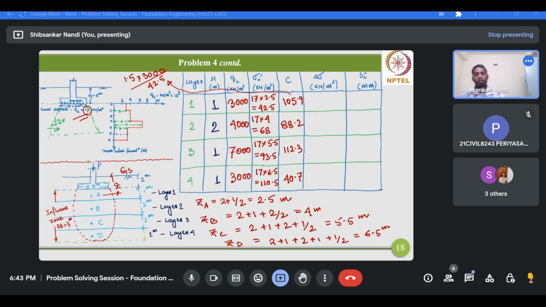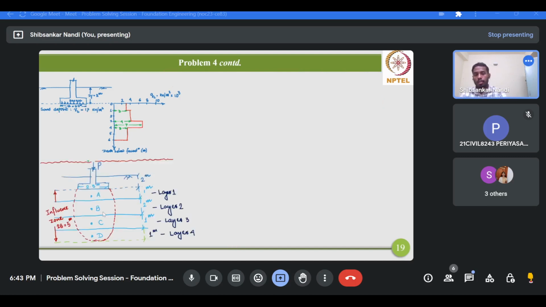So again you have to use the same formula: delta sigma is Q divided by (B plus Z1) square, since this is a square footing. Now what is Q? Q is basically the net intensity of loading applied at the foundation level multiplied by the area.